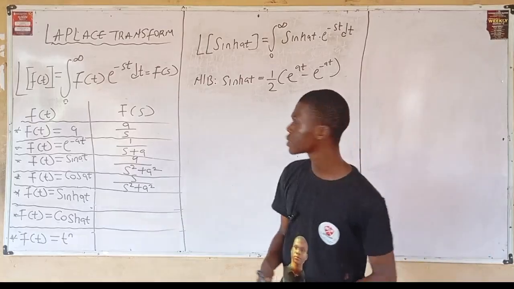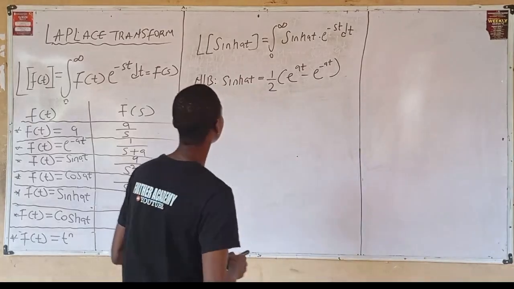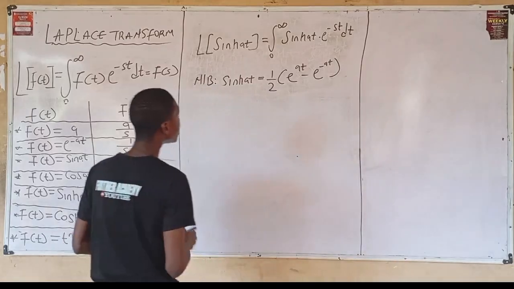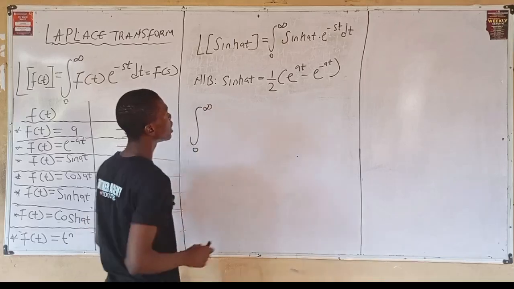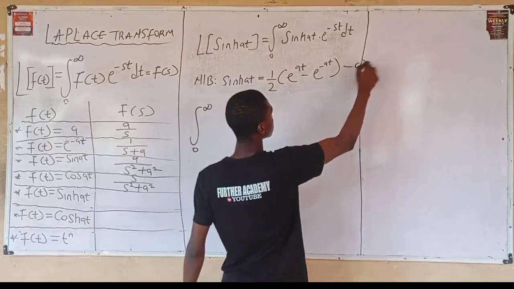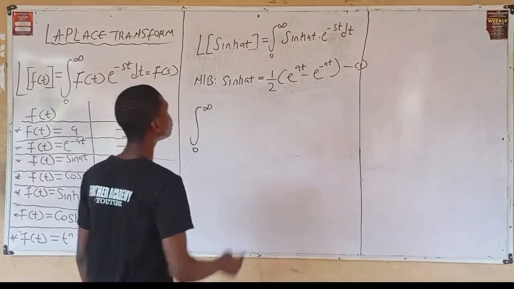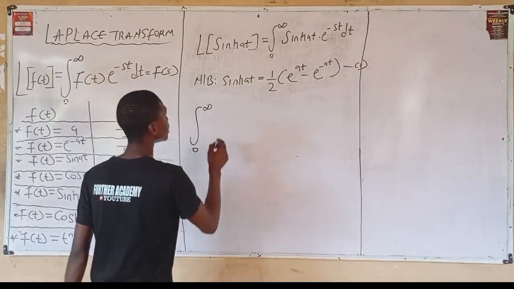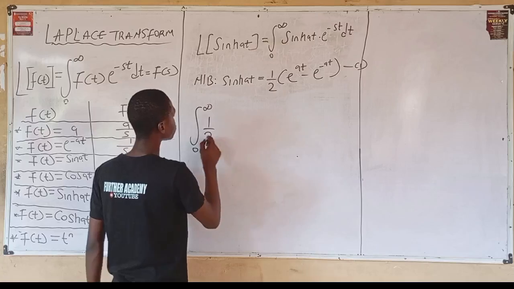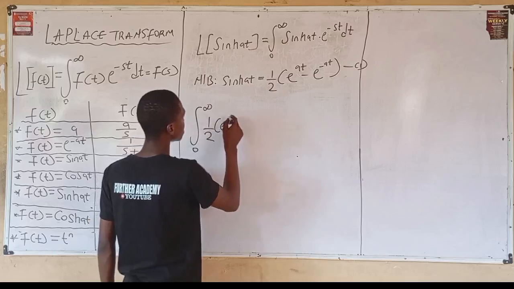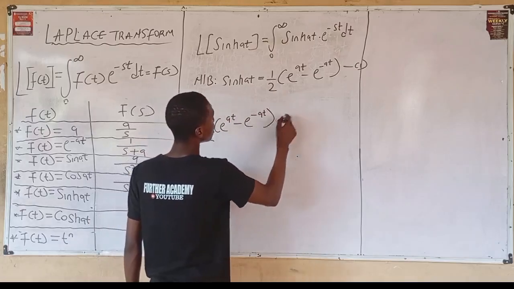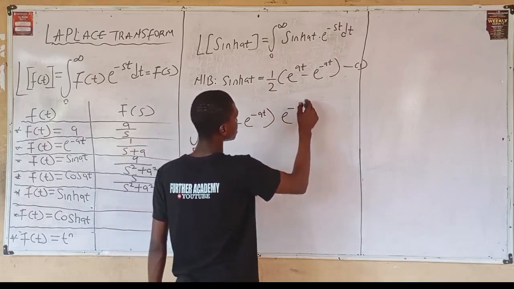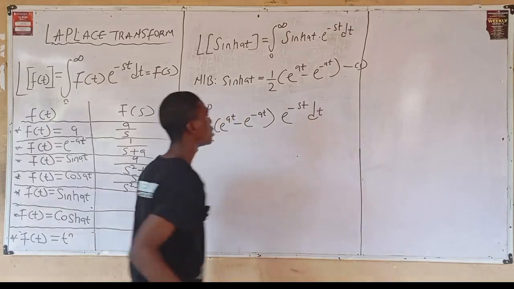Substituting this into the Laplace formula, it becomes the integral from 0 to infinity of 1 over 2 all into bracket exponential at minus exponential negative at, multiplying exponential negative st dt.